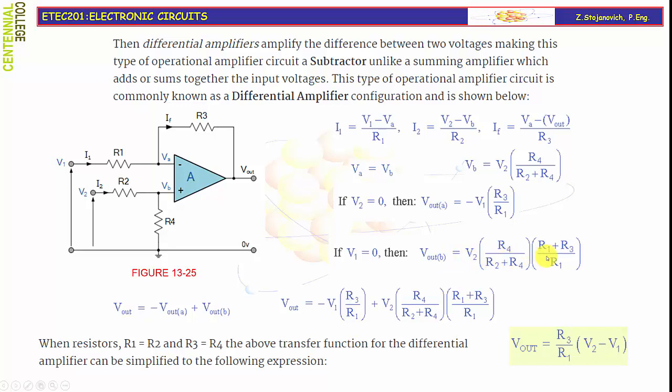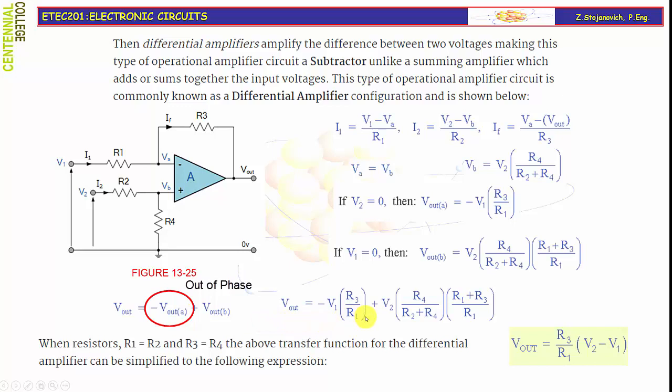Now we can evaluate the total output voltage by making an algebraic sum. The B part belongs to the non-inverting input, and it will have a positive sign, while the second part will have a negative sign because we are dealing with the inverting amplifier.